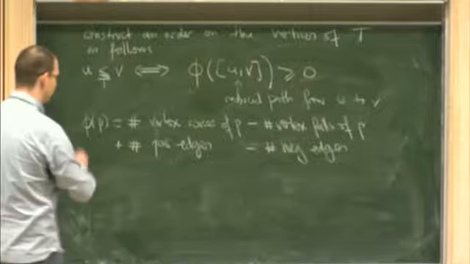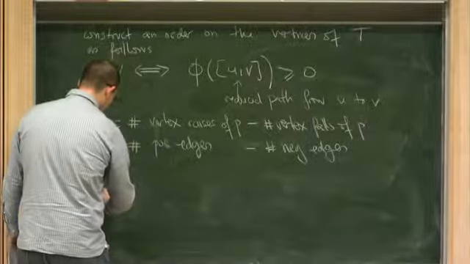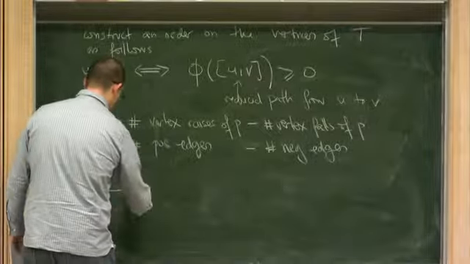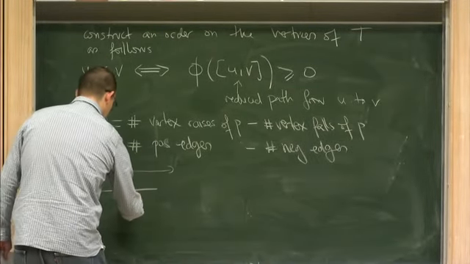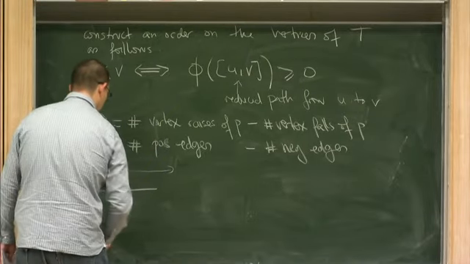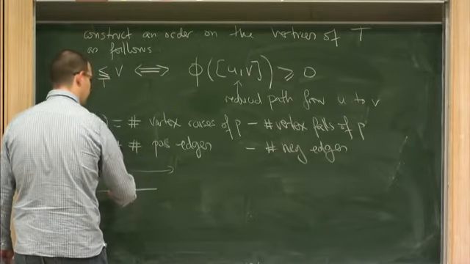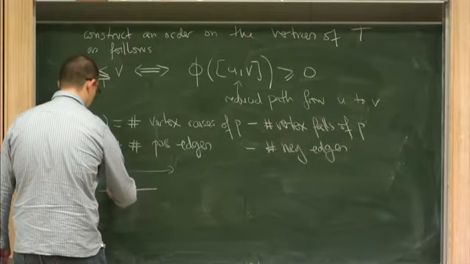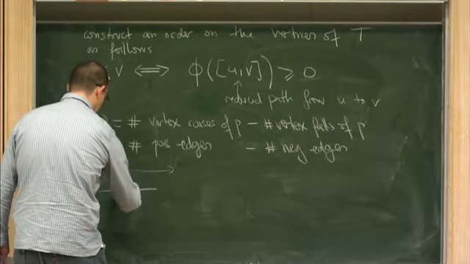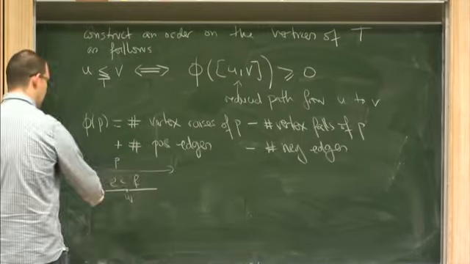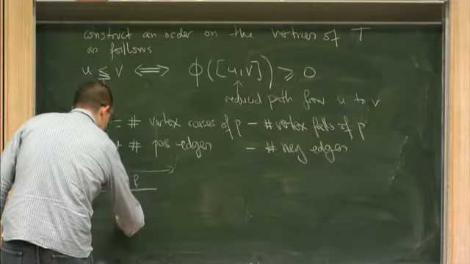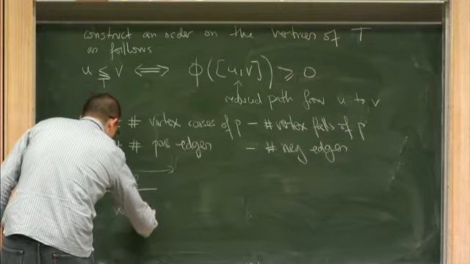So what this is doing, if this is my path P and I have a vertex here, W, say E is less than F, so if I move into a bigger edge, this is a vertex rise.